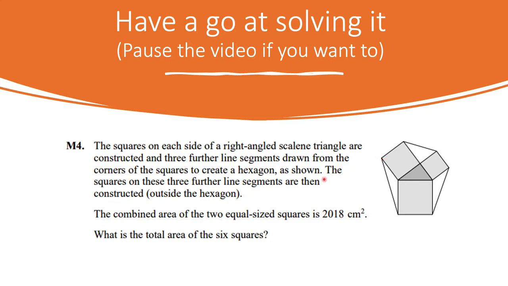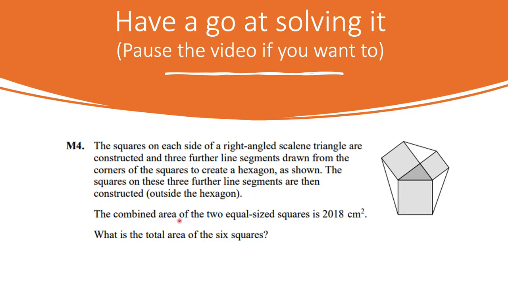So there are 3 squares that are constructed here, here, and here, and they are outside the hexagon. Right, so we already have a good amount of information. So we have 6 squares, 3 of which share a side with the right angle scalene triangle.